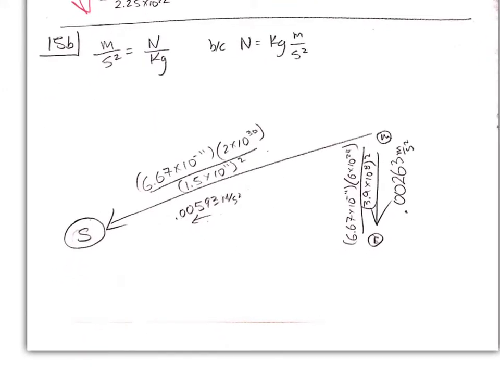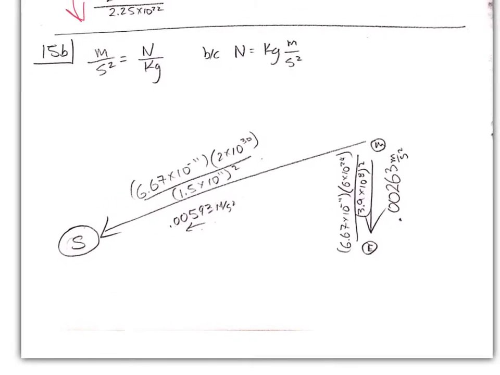Question 15b has a situation like this, where the moon is over here, and Earth and Sun, and asks us to find the net gravitational field.